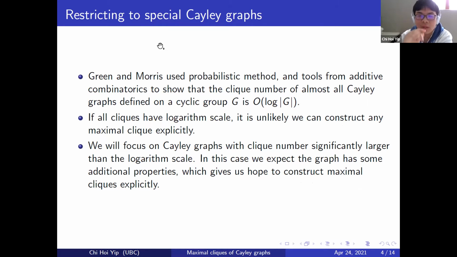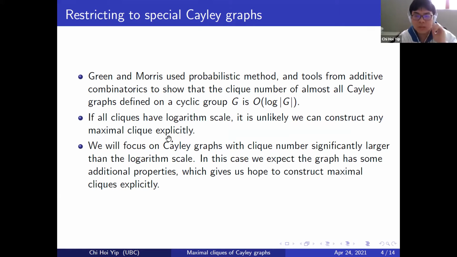Before doing that, we need to recall one more result, which is proved by Green and Morris. They use the probabilistic method, tools from additive combinatorics, and also the regularity lemma to show that the clique number of almost all Cayley graphs defined on a cyclic group G is of the order log of the size of G. If all cliques have logarithmic scale, then it's unlikely we can construct any maximal clique explicitly, because the clique number is so small that we don't see anything special about any maximal clique.